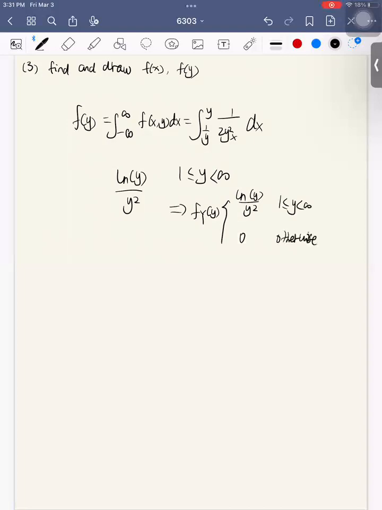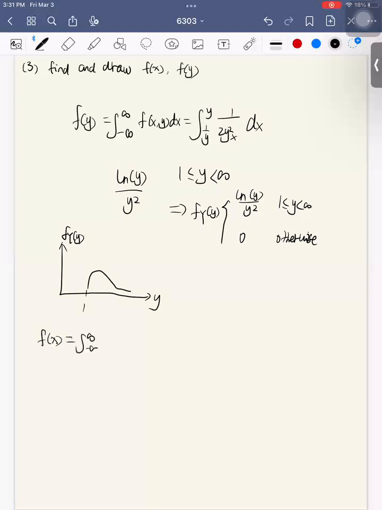Having the f_Y range, we can draw the f_Y graph. Starting from 1, the f_Y graph looks like this. And now we need to find f_X.